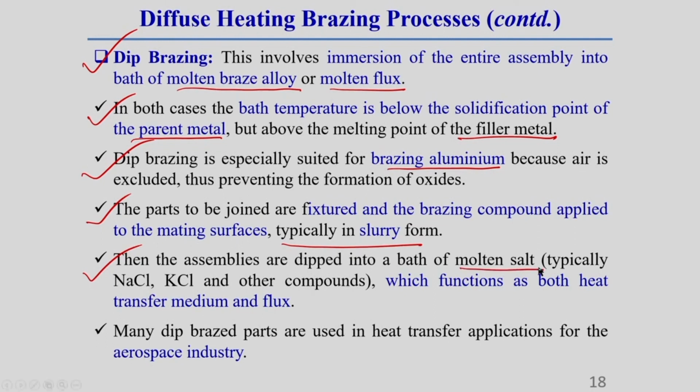The molten bath we use is actually a bath of molten salt. This molten salt is generally sodium chloride, potassium chloride or some other compound, which functions as both heat transfer medium as well as flux. We have seen many dip brazed parts in heat transfer applications in the aerospace industry.